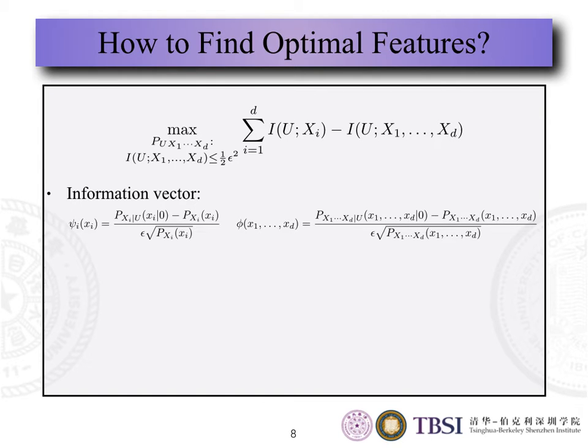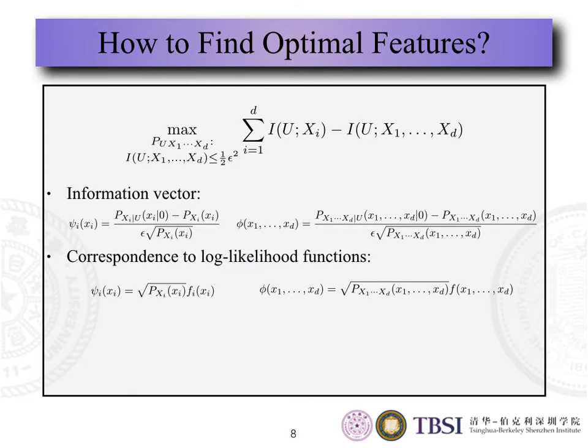For each information vector psi_i, the dimensionality is |Xi|, and for the information vector phi, it is a |X1| times |X2| to |Xd| dimensional vector, which is in a very high dimensional product space.